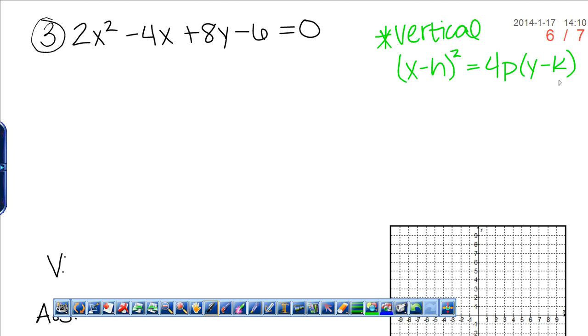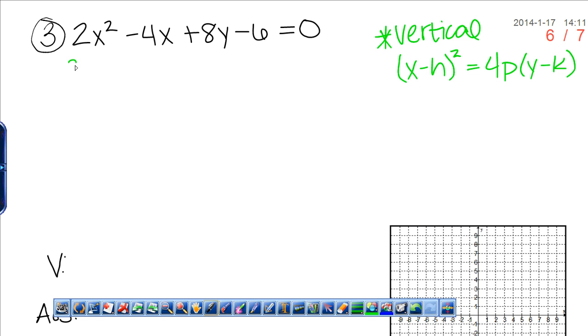So how many times are we going to have to complete the square? Just once, because I'm only trying to create one squared binomial. And that binomial is using x. Doesn't y? No. Okay, so let's take our x values and keep them on the left.